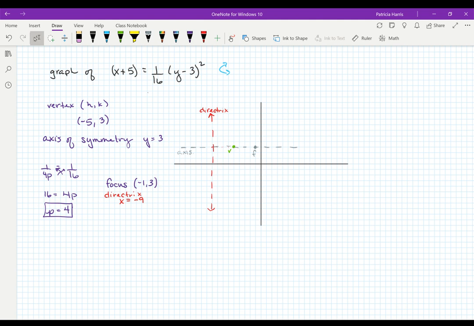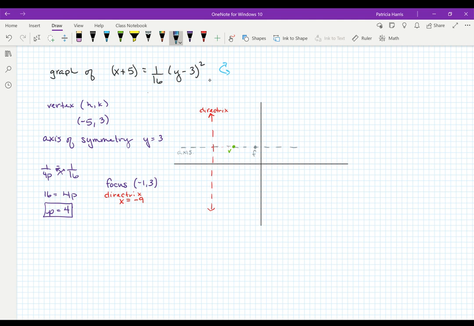Remember, the width of the parabola is counted from the focus, and the focus is in the middle of that width. So if our entire width is 4p, we're going to count 2p up and 2p down.